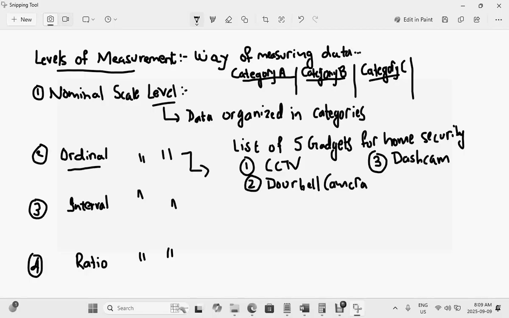Next up, you have your interval scale level. Now your interval scale level is similar to ordinal scale level, but it has no starting point. What I mean by that is things like temperature, for example, has no starting point. Your temperature could start from -20 or -100.